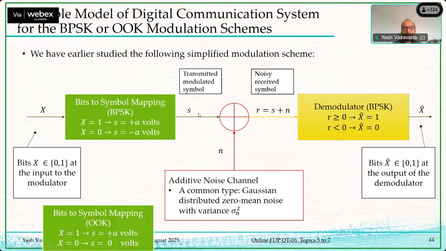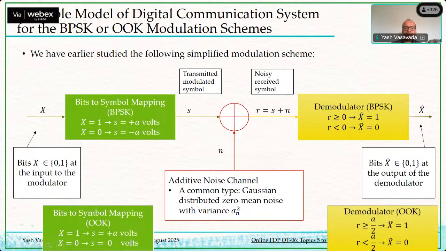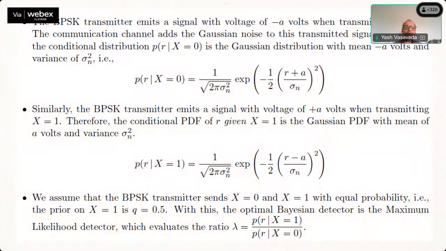And that minus A becomes a constant addition to a Gaussian noise signal n, which is zero mean and variance of sigma n squared. So therefore, given that x equal to 0 is transmitted, the conditional distribution of R is given by this formula. This is the formula of a Gaussian distribution, whose mean is minus A, and the standard deviation is sigma n.